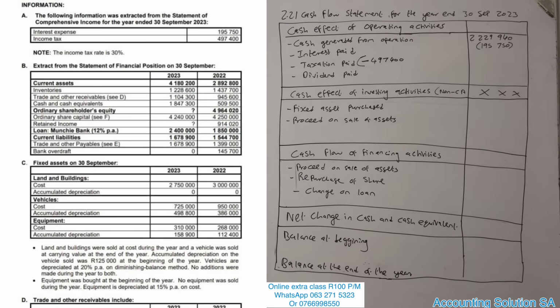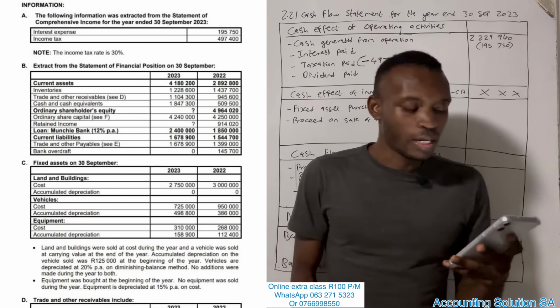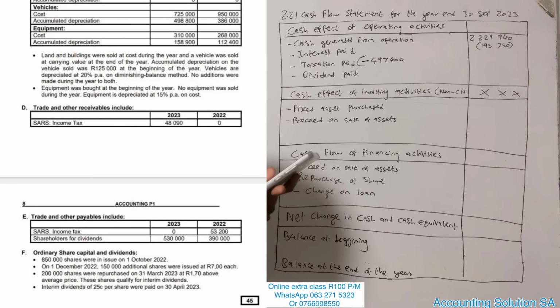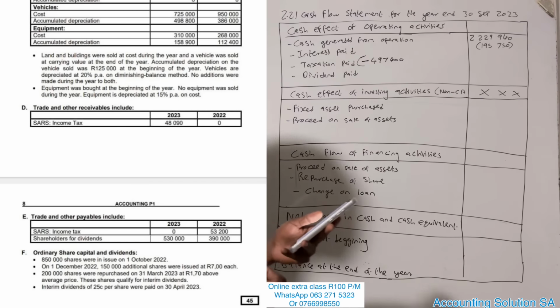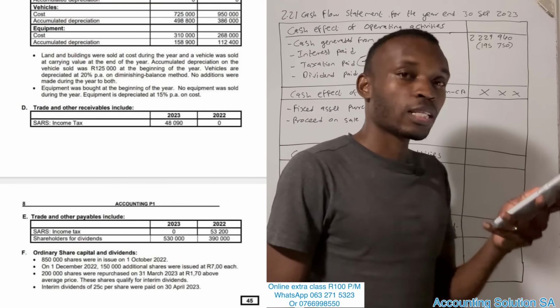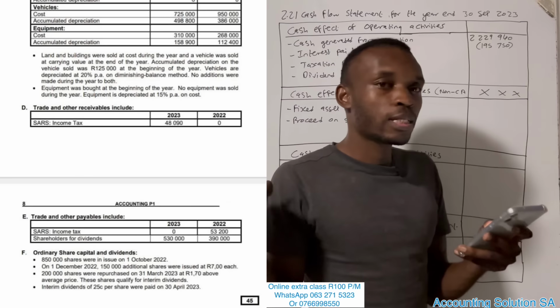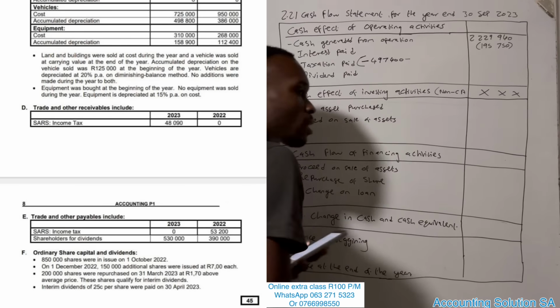Okay, then the next step is to check what happened at the beginning of the year. If we check at the beginning of the year under number E, we have a balance of SARS income tax in 2022 of 53,200. In other words, because it's under trade and other payables, last year we owed SARS 53,200, which means that the amount we owed them last year, we already paid them this year, because we can't skip another year.